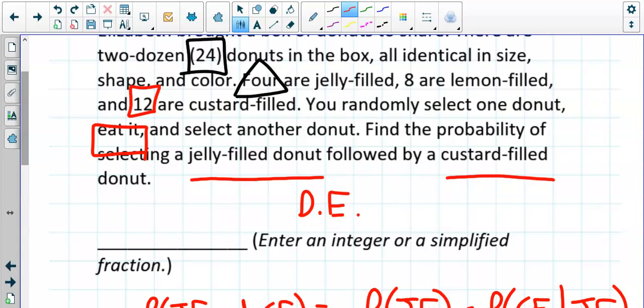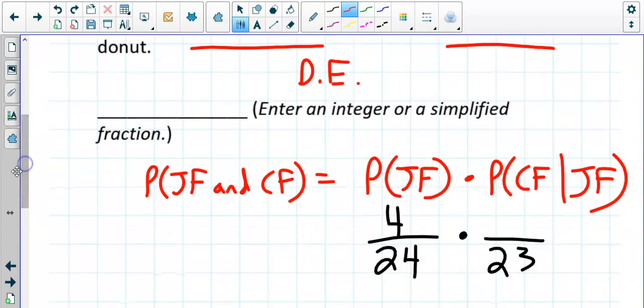If it was to talk about jellies again, then there would have been 3 because I ate one, if I was going to make a probability for another jelly filled. But because we're dealing with custard, the numerator will be the 12, unaffected. So just know that sometimes in this second probability, your numerator gets affected. All depends upon what you want to talk about. Okay? So there's what we have to multiply.